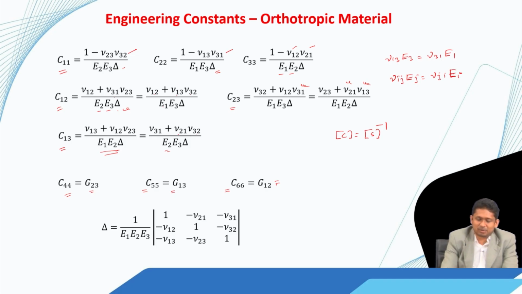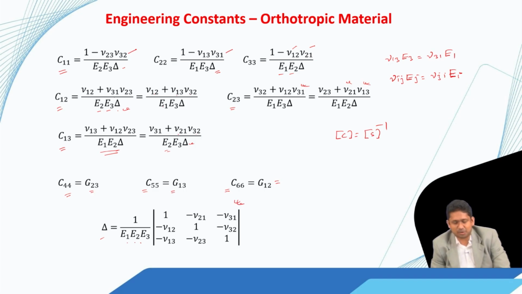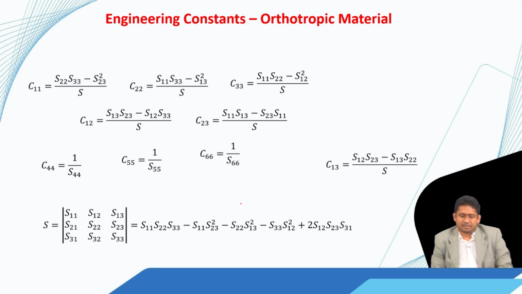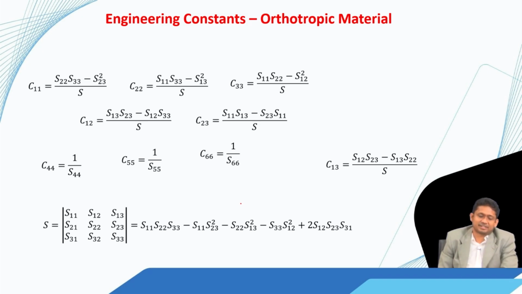Now, everywhere we have been using this term delta. So, this delta is defined in this way: delta is equal to 1 by E1 E2 E3 multiplied by this determinant of these nus. Similarly, we can write these components of the C matrix in terms of components of the S matrix. They are just inverses of each other.